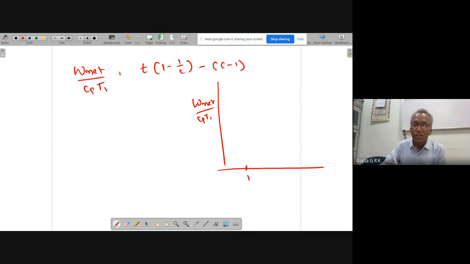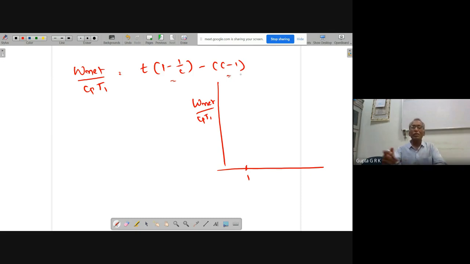What is that point? If turbine work is equal to compressor work, which is actually what used to happen initially at the beginning of turbine research, because of friction and the low efficiencies of turbine and compressor, whatever work was produced by the turbine was absorbed by the compressor. So WT will be equal to WC.